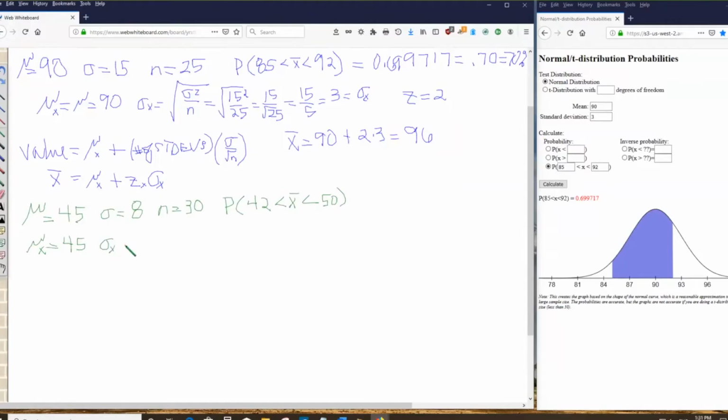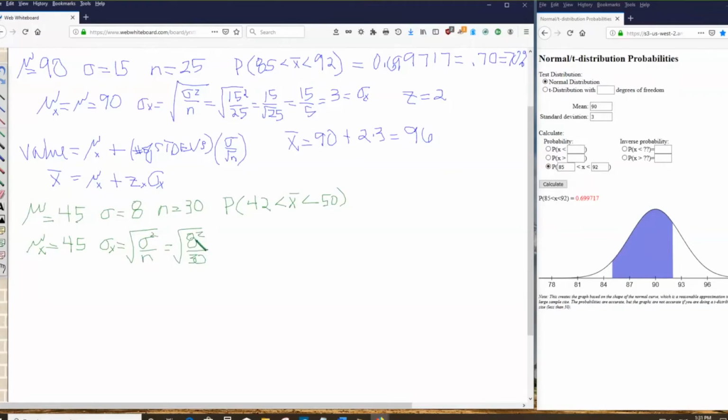My standard deviation of the sample is going to be the square root of the original standard deviation squared divided by the sample size. So that's going to give me the square root of 8 squared all over 30. Now, if you notice, the square root of 30 is not going to be a clean number.